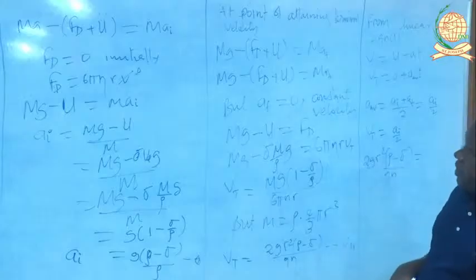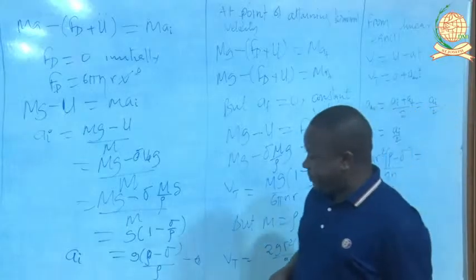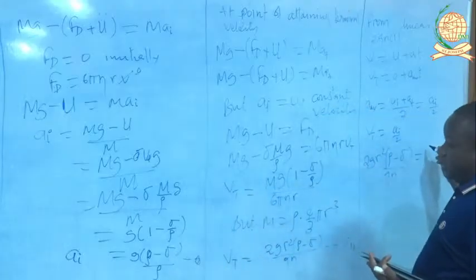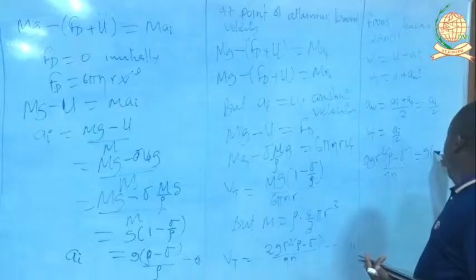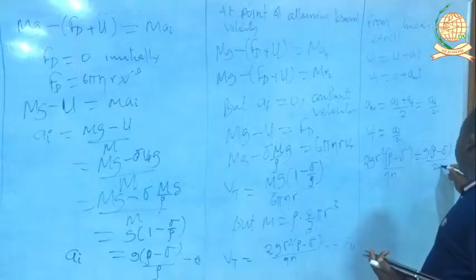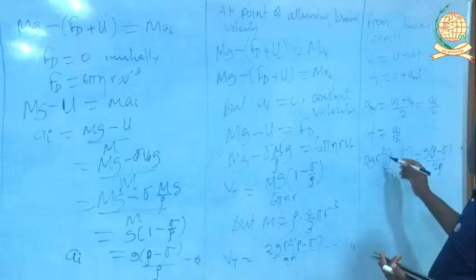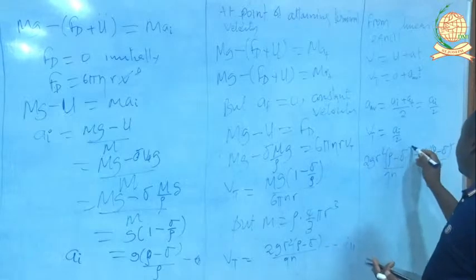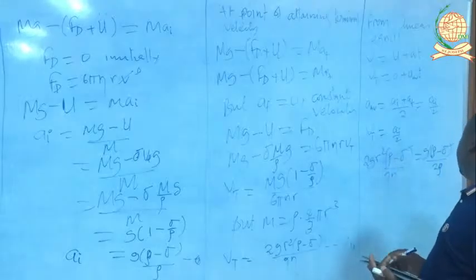Average acceleration is, that is equation number 1, this one: g bracket density of solid minus density of the fluid over 2 density of the solid. So g and g cancel out, this difference and that difference cancel out.